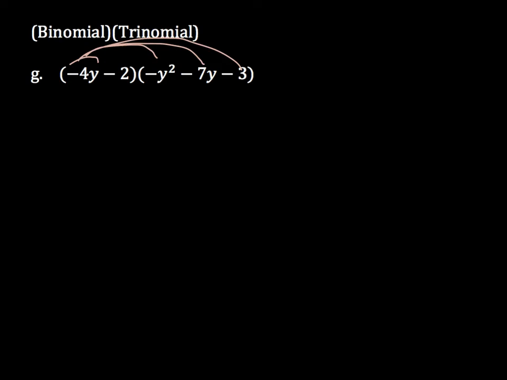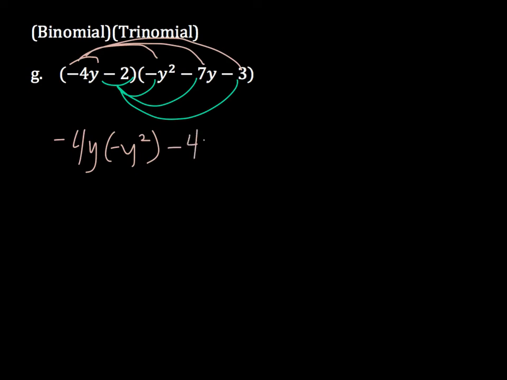So we have negative 4y times negative y squared. I'm actually just going to make this different colors. Okay, so this one I have negative 4y times negative y squared, minus 4y times negative 7y, minus 4y times negative 3.